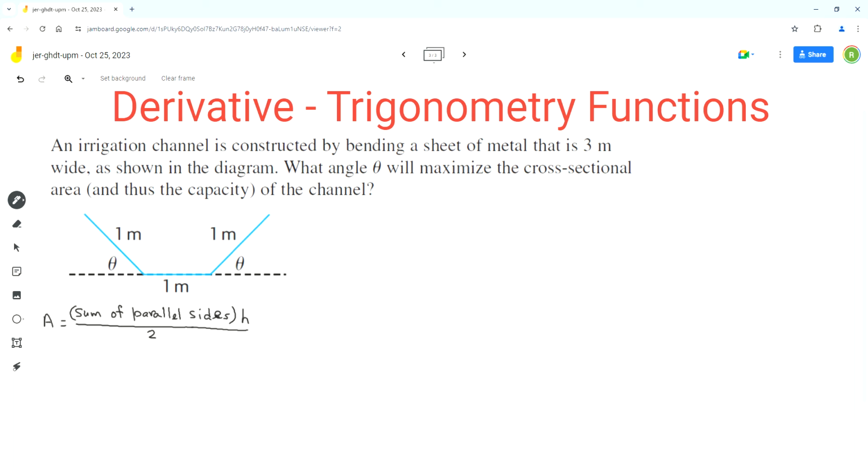Now we can label the corners of this trapezoid. This broken line represents the top of the trapezoid.